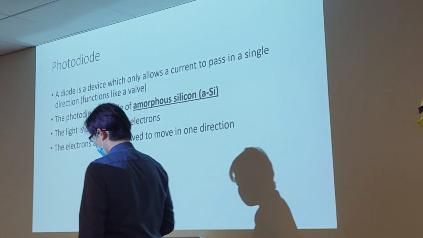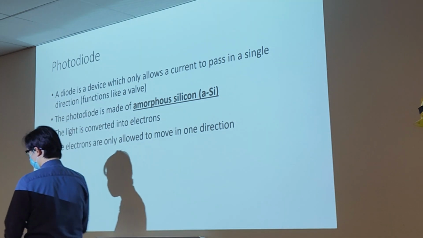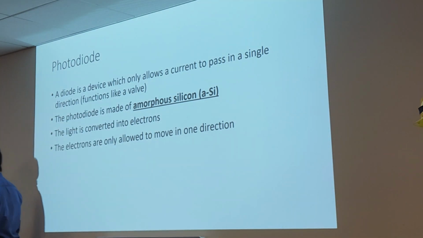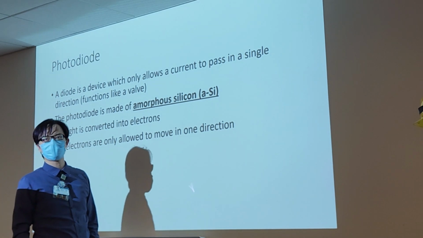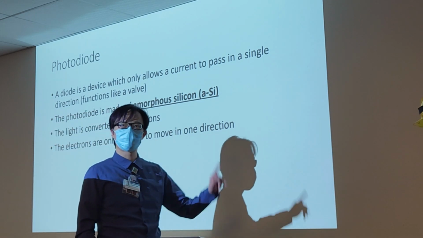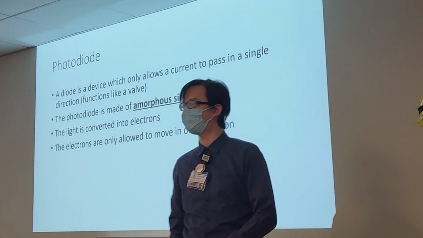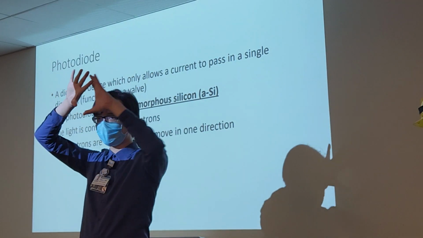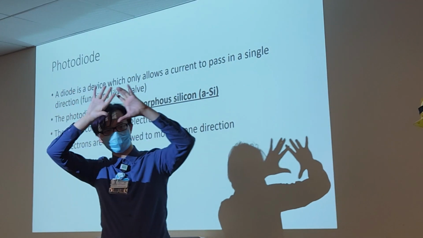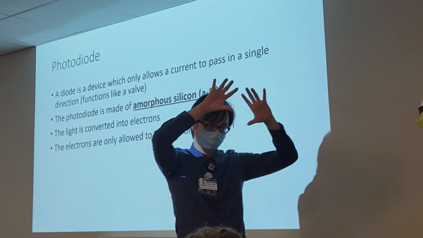Now, that was a lot of words to come back to this topic. Why do we need a diode? Because we want our electric signal to go in one direction, towards the computer. And so what is happening here is we have a photodiode. Light comes in. Light creates an electric current, an electric flow.